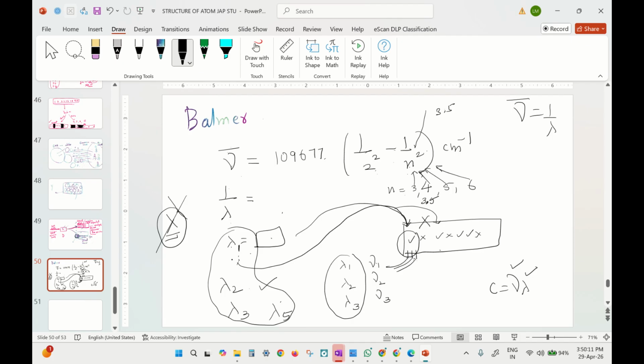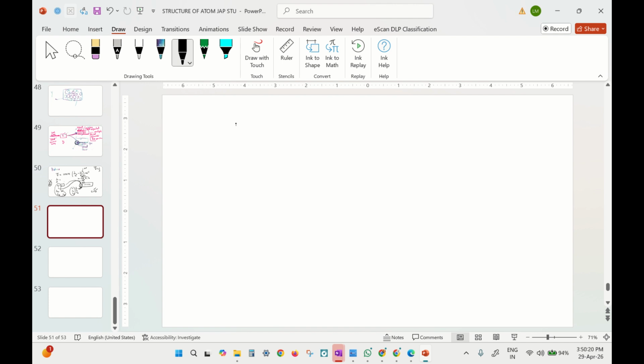Understood? Okay. Now how did they use this? We know 1 by lambda is equal to 109677 into 1 by n1 square minus 1 by n2 square. I told you the picture was too complicated and many scientists were working, but they were analyzing different patches of electromagnetic radiation, the emission spectrum.